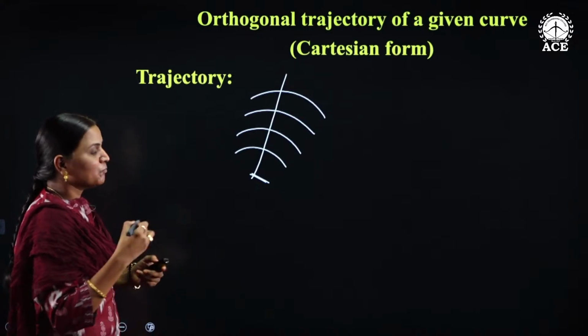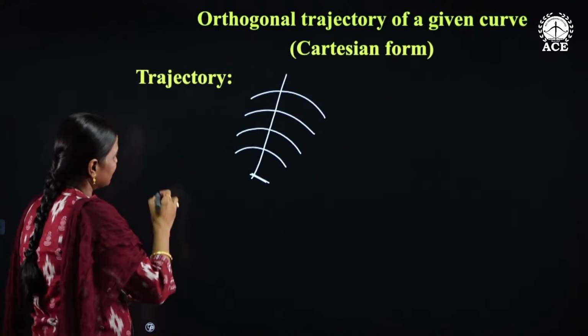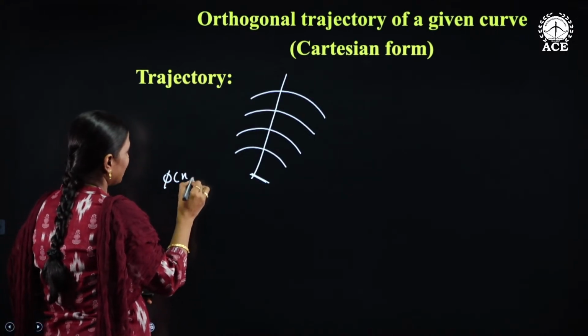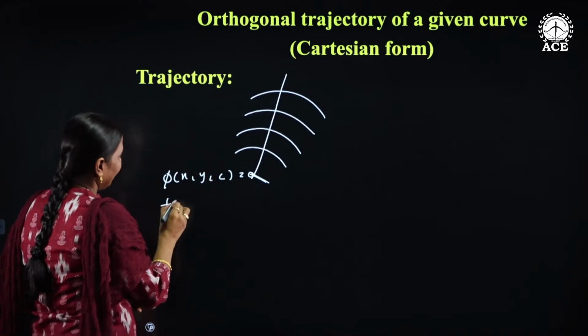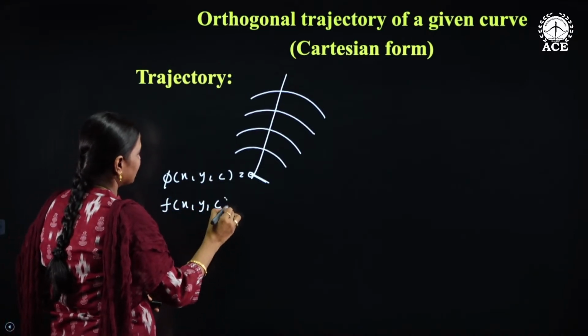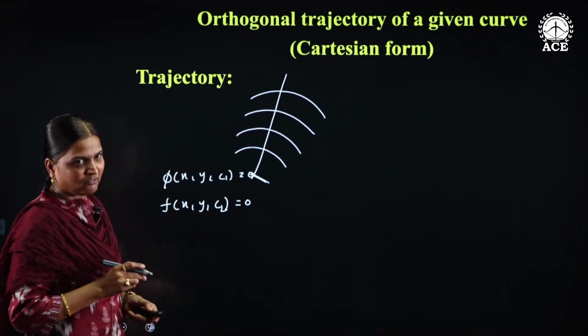Okay. If we take more curves, suppose we take two families of curves, phi of x comma y comma c is equal to 0 is one family, and f of x comma y comma c1 c2 is equal to 0 is another family of curves.